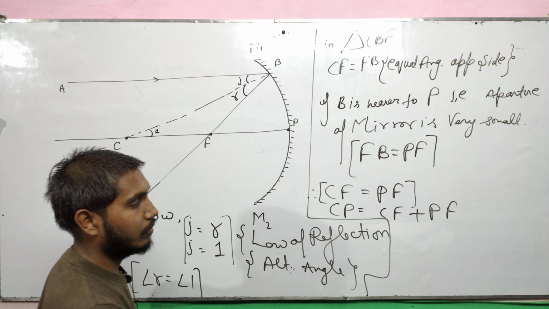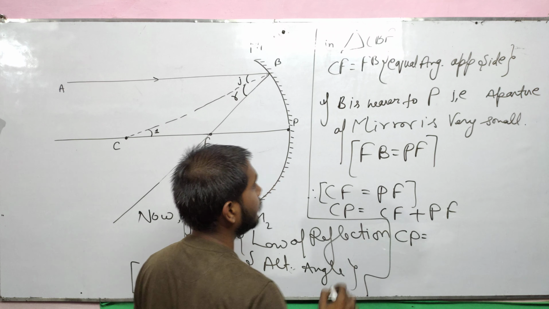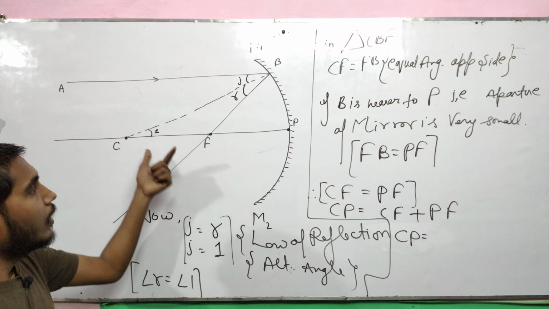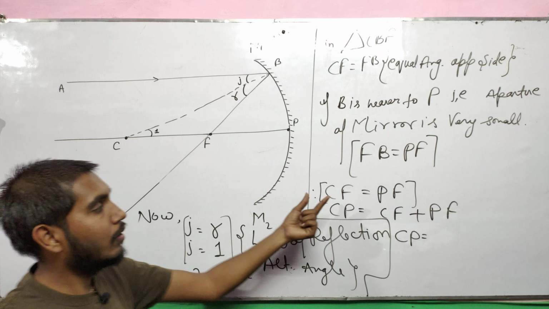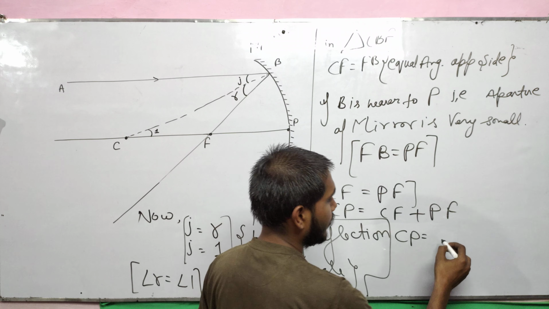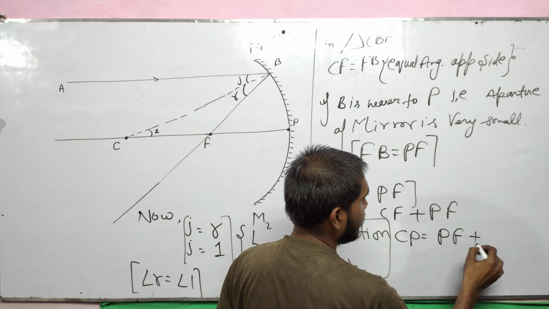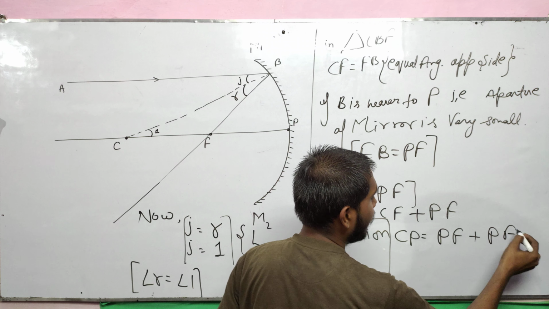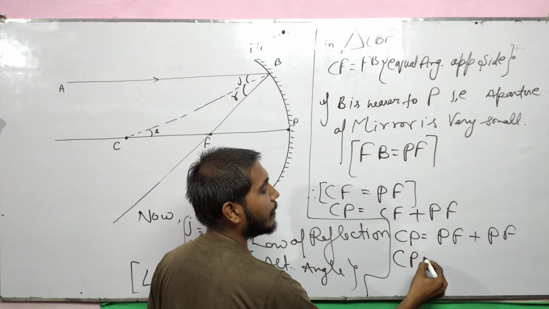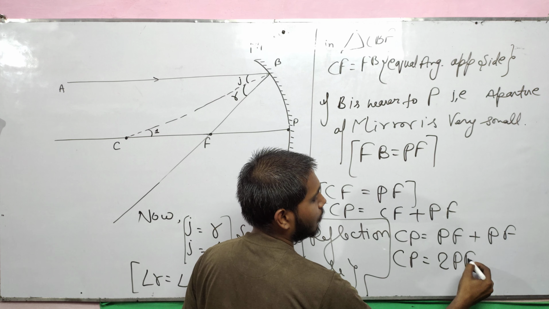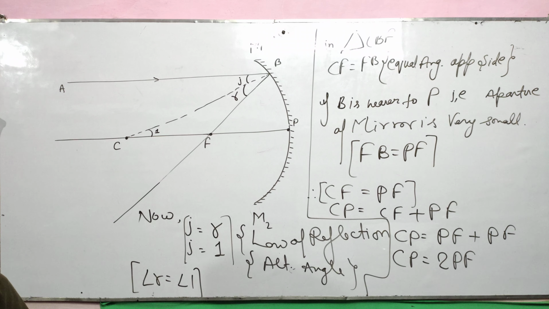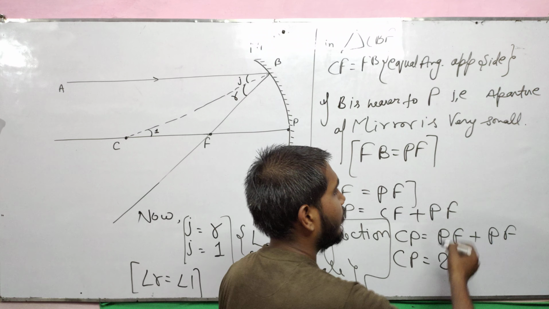Now beta, CP equals, in the place of CF we will write PF, plus already PF. Now CP equals 2PF. Okay beta, CP equals 2PF.